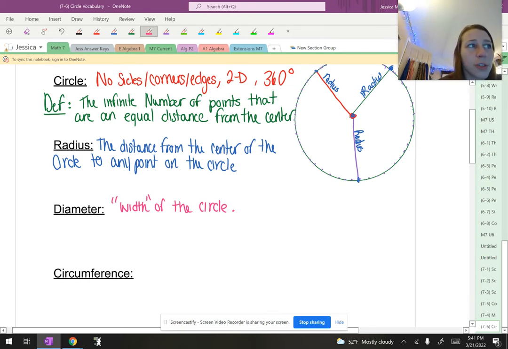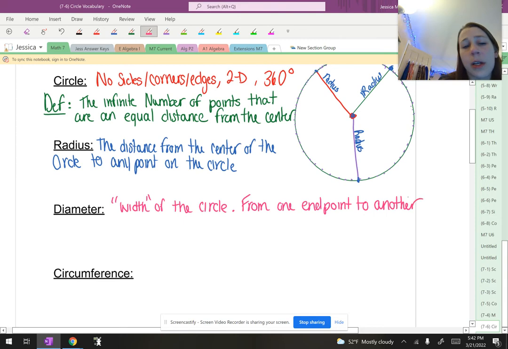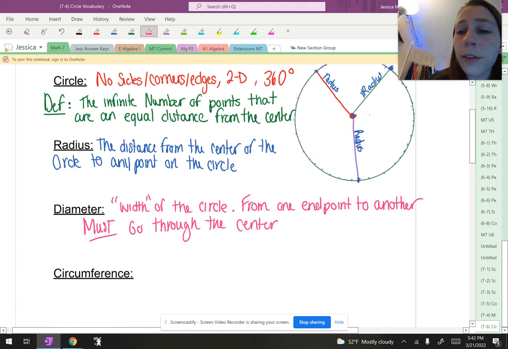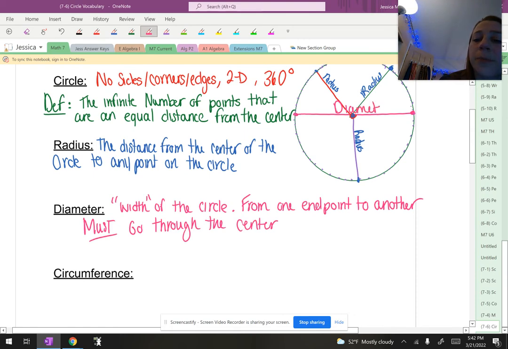So it's absolutely essential that when you're talking about the diameter, it goes from one endpoint to another, but it must go through the center. So I can draw a diameter going from one endpoint all the way to the other side, making sure that it hits that center, and that would be my diameter.